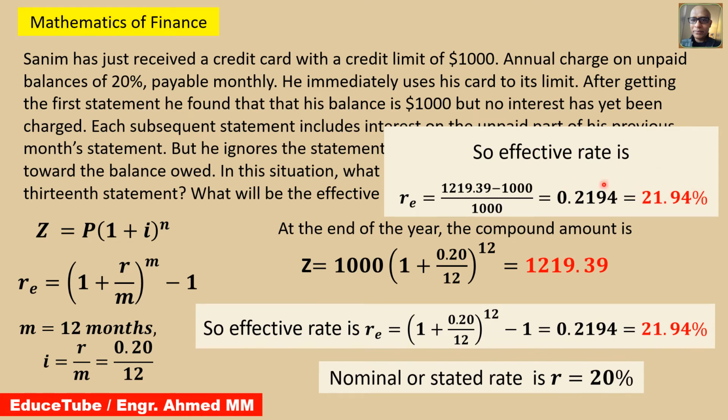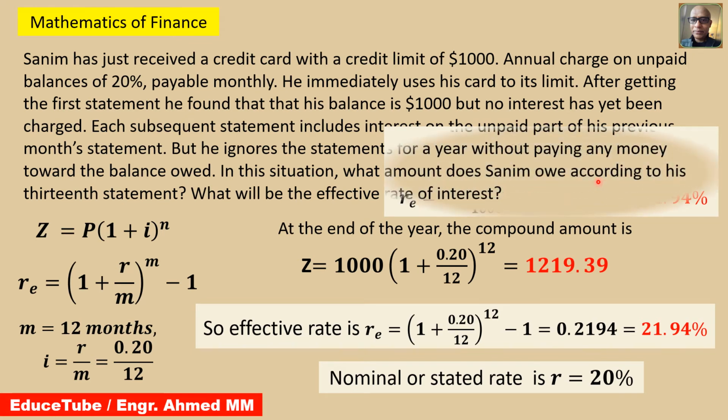This is one way to get it, or we can use this formula for effective rate, 1 plus this to the power 12 minus 1 equal to 0.2194. So the nominal rate was 20%, but the actual interest charge will be 21.94%. That is why it is the effective rate.